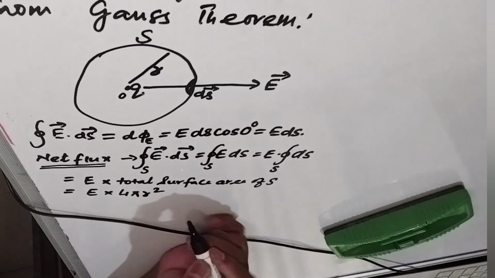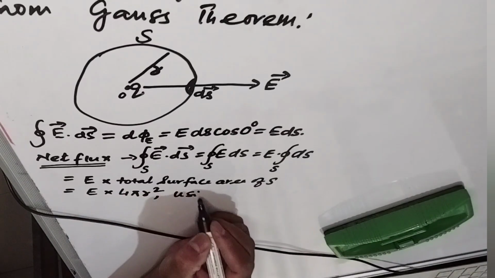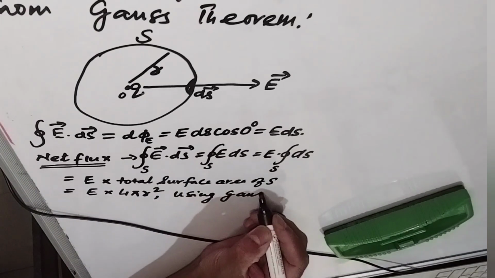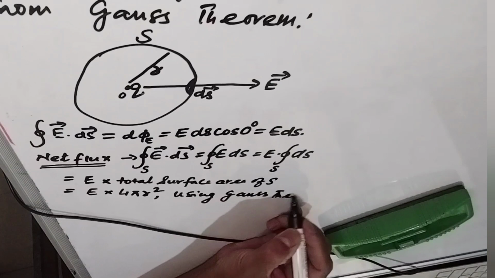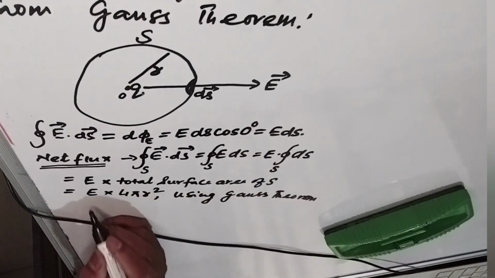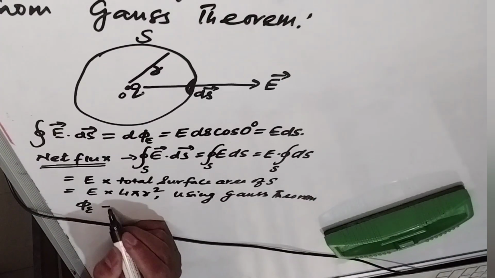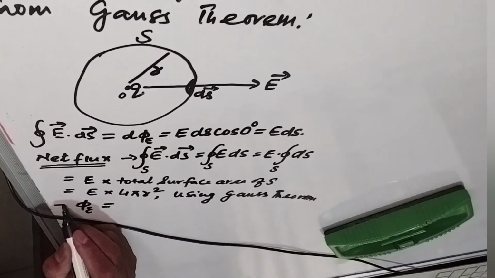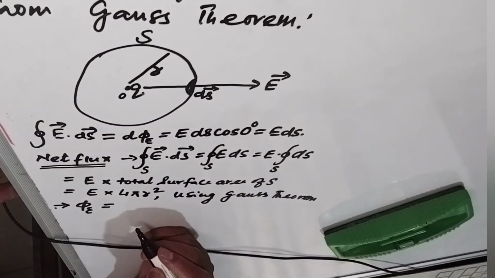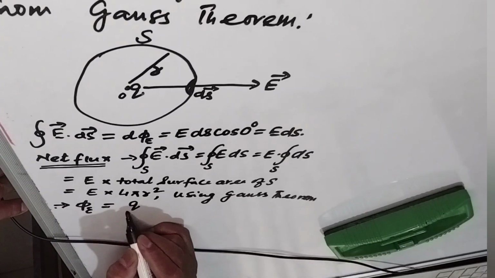Now using Gauss theorem, the total flux should be phi E, and that should be the charge enclosed over epsilon naught.